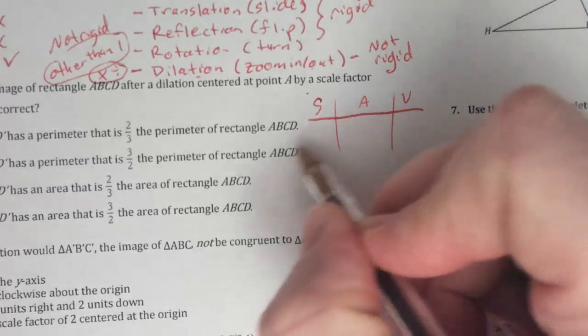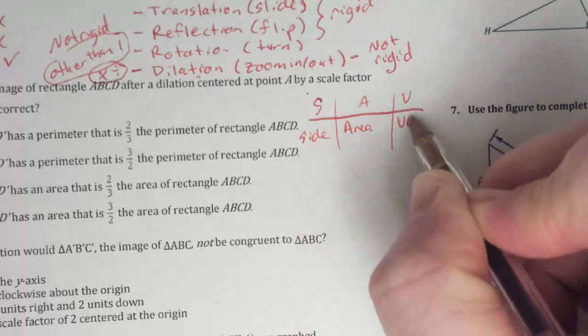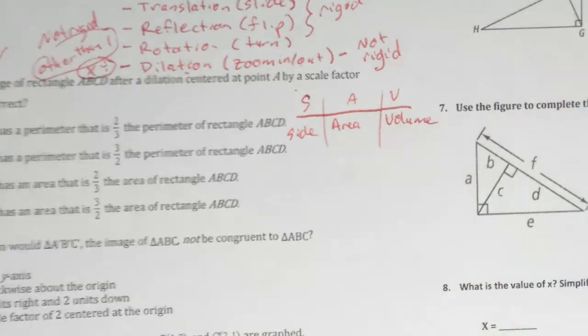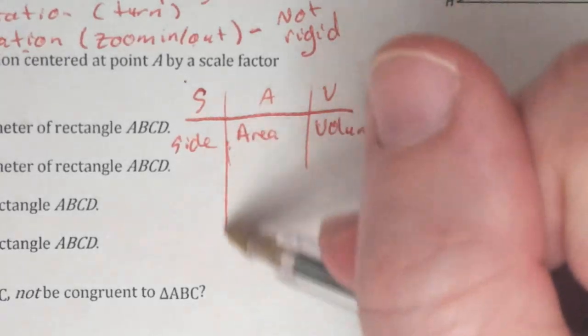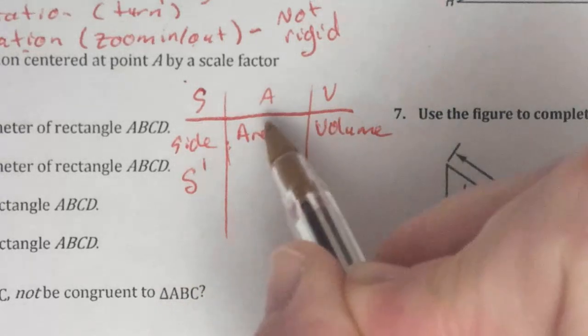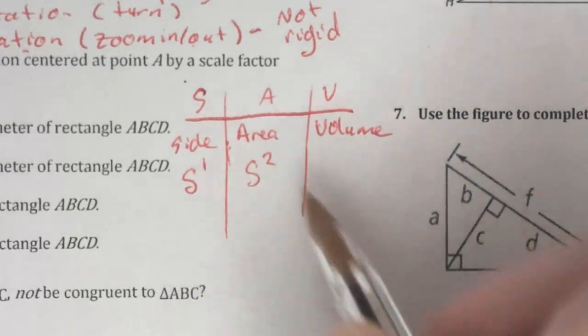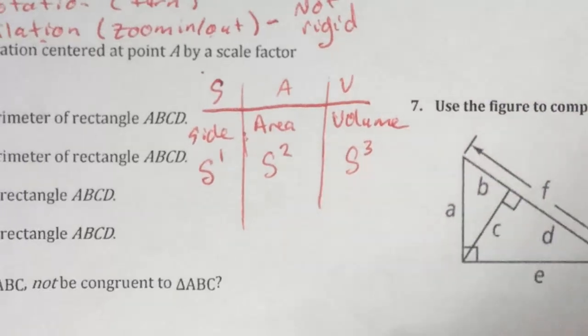SAV means side, area, volume. I'm going to zoom in a little more so you can see what I'm talking about. The best way to remember this is S is in column 1, then column 2, so S to the power 2, and this is S to the power of 3 because it's column 1, column 2, column 3.